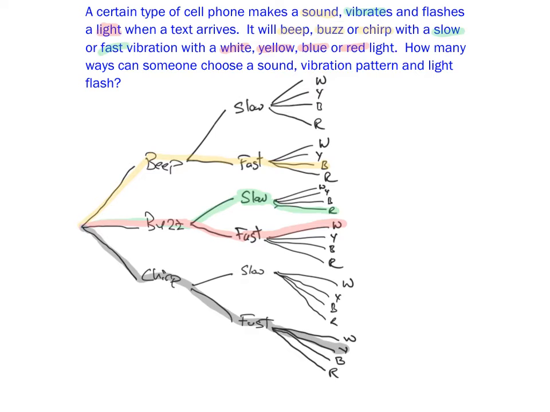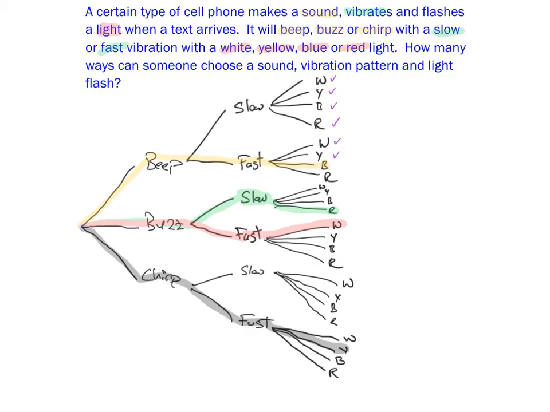These are all possibilities. So how many possibilities are there? To figure out how many possibilities there are in total, we're going to count them. That's a possibility, another possibility, another possibility, another possibility. So there's 4 possibilities right there.